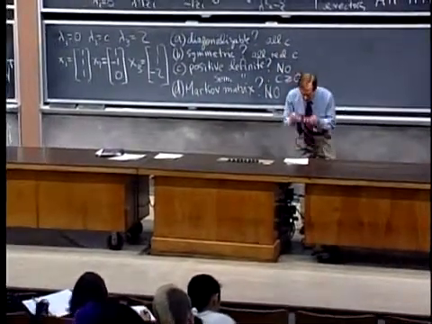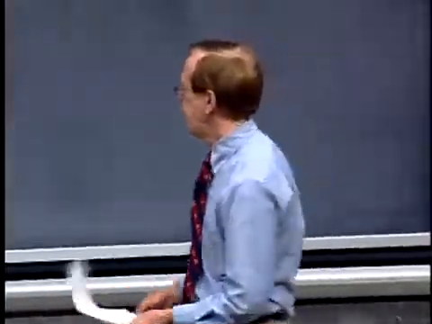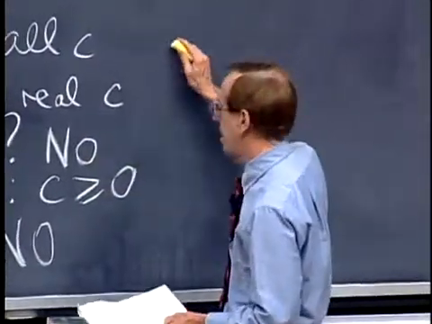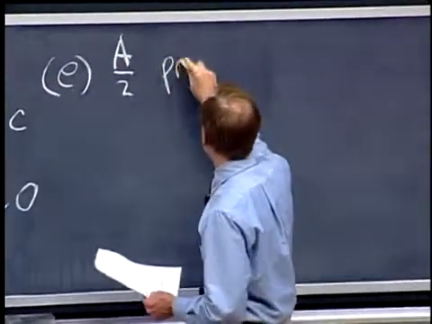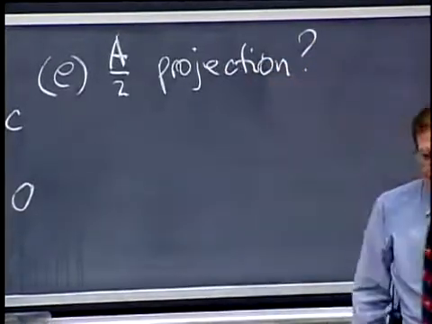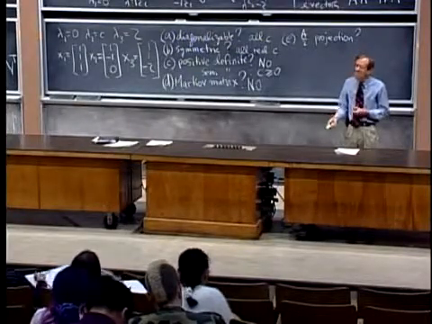Okay? And finally, could 1/2 of A be a projection matrix? So could this be twice a projection matrix? So let me write it this way. Could A over 2 be a projection matrix? Okay, what are projection matrices? They're symmetric, so their eigenvalues are real. But more than that, we know what those eigenvalues have to be. What do the eigenvalues of a projection matrix have to be?